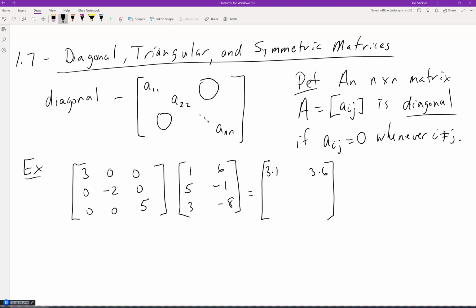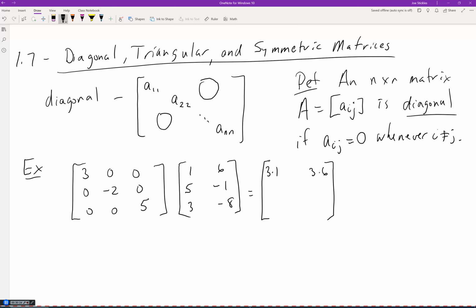Was there anything special about the 3, the 1, and the 6, besides where they are? Did the numbers matter? No. Had this been a 4 and this been a 2, it would have been 4 times 2. The numbers themselves didn't matter. The important thing to notice is that this 3 basically gets distributed across that row.